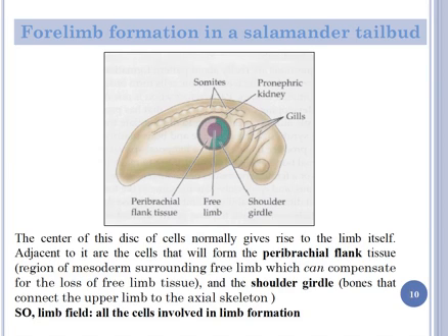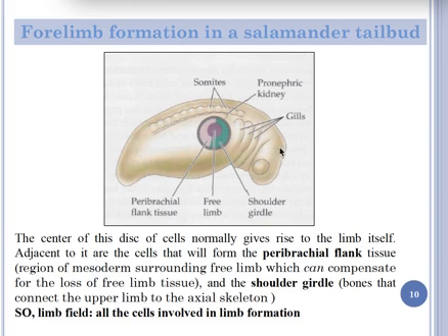So here I'm showing you the formation of the forelimb, for example, and any other limb will go the same way. For example, the formation of the forelimb in the salamander, which is a species very close to the frogs or Xenopus.